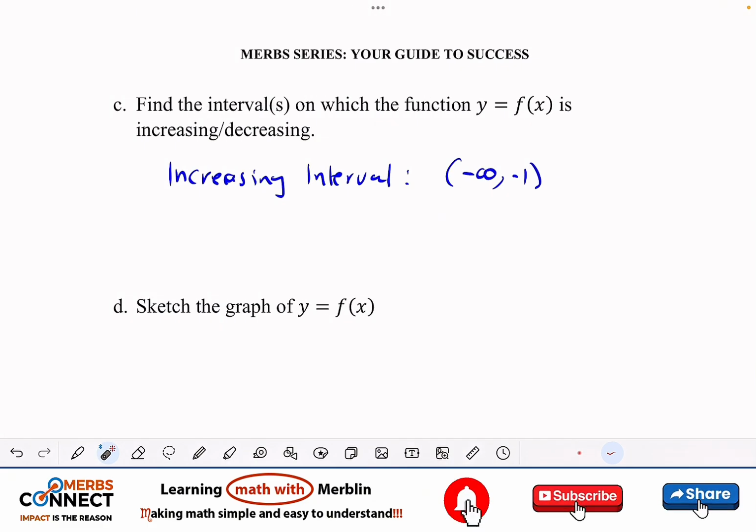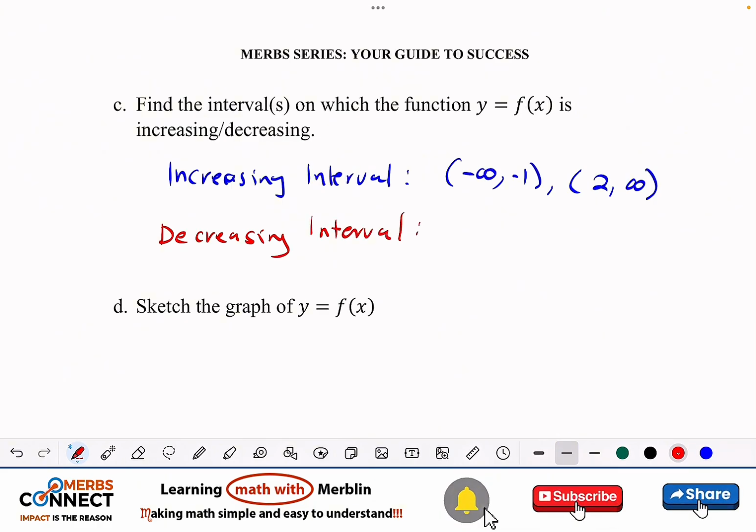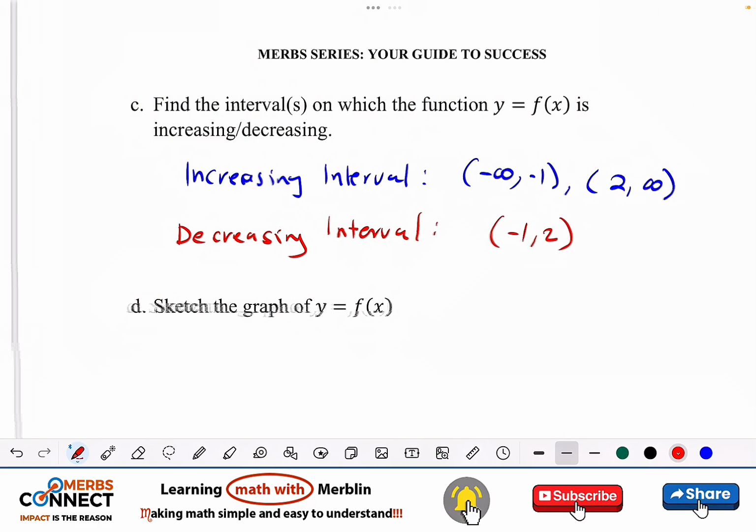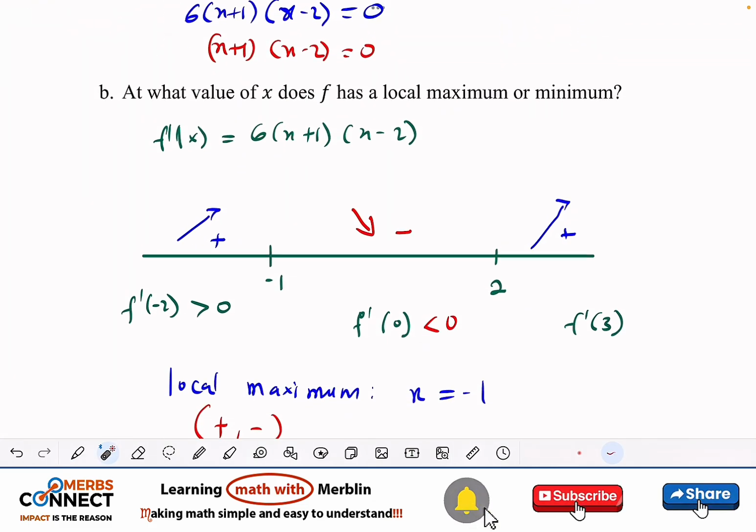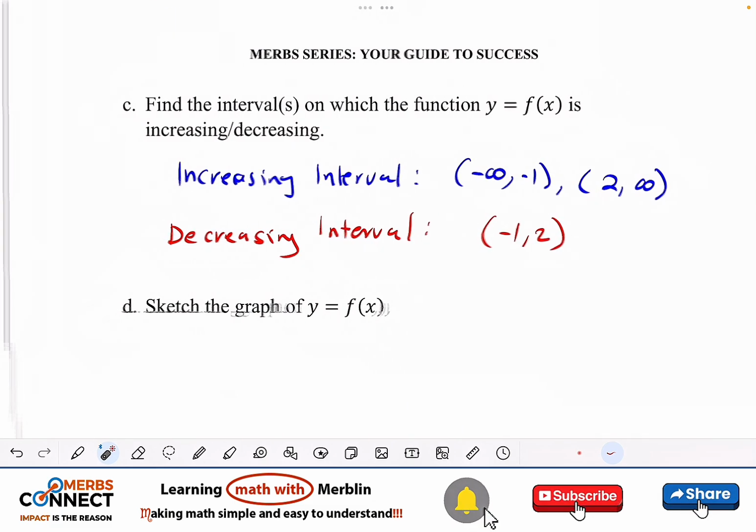So we are going to have 2 to positive infinity. So this is the increasing interval, right? And then the decreasing interval is just between -1 and 2. That is where the function is decreasing. So between -1 and 2, that's where we see that the function is negative, which is decreasing. So that is increasing and decreasing.